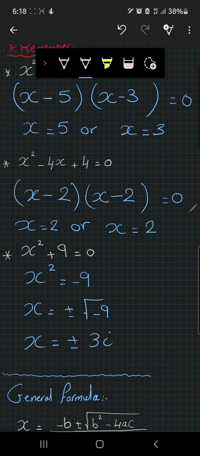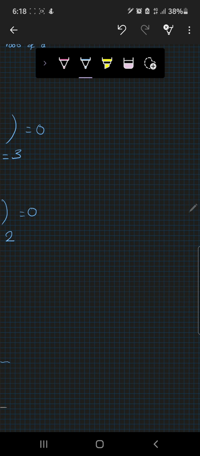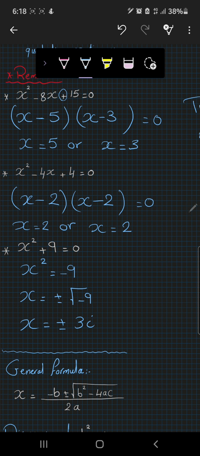Okay, look at the two roots of the first equation, 5 and 3. So the two roots here are different. We have two different real roots. Look at the second, x = 2 and x = 2.